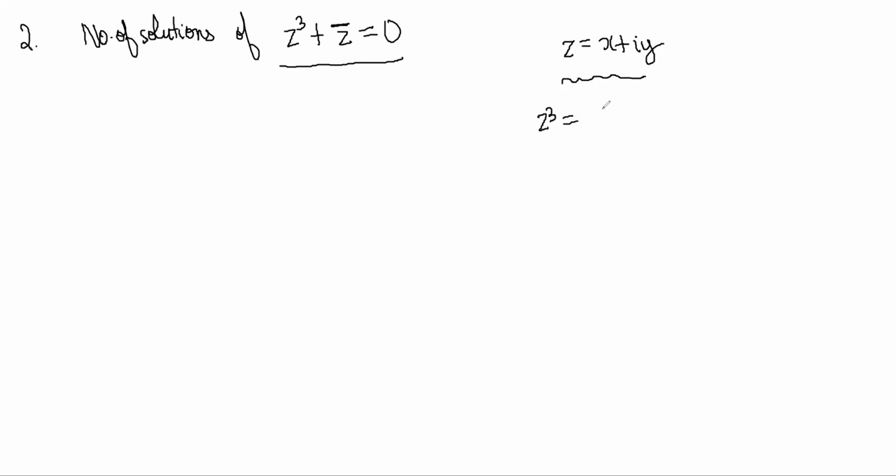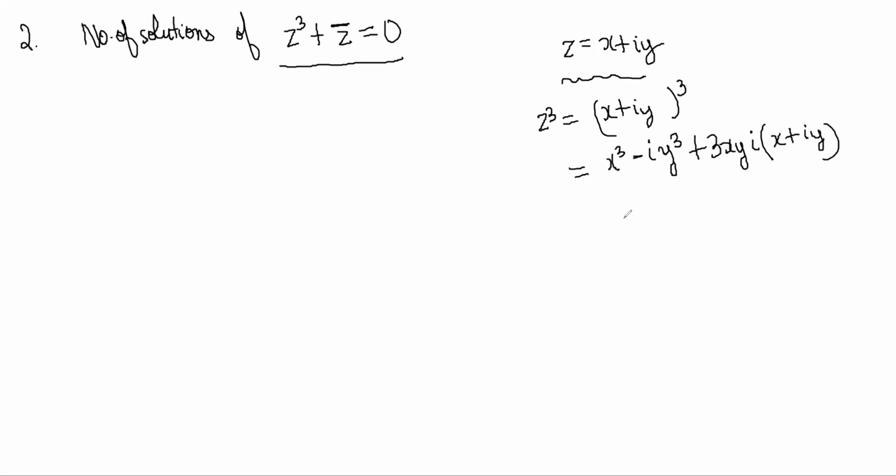So it will be x plus iy whole cube, and that will be x cube plus i cube, which will be minus i y cube, plus 3xyi times x plus iy, right?